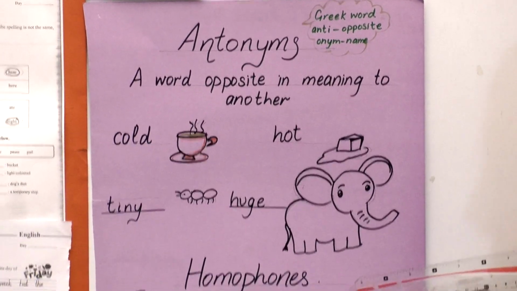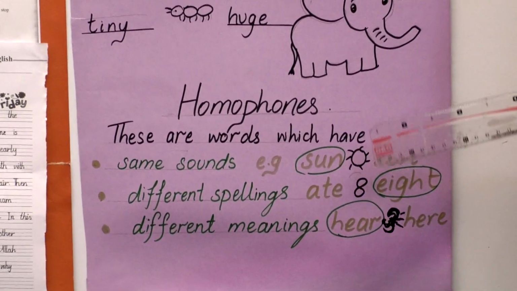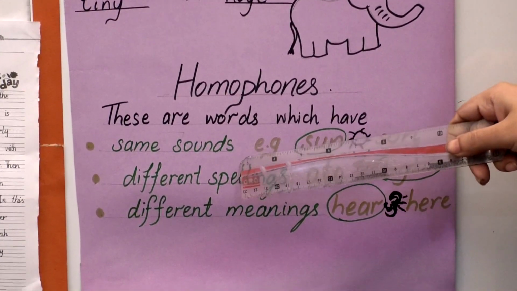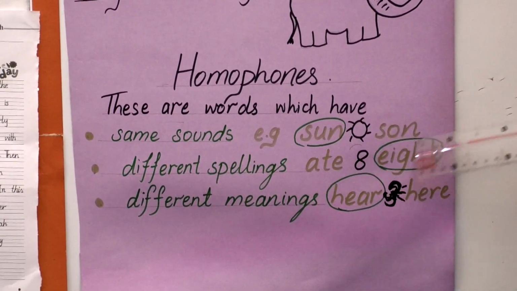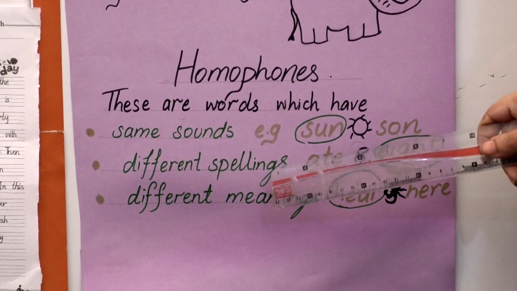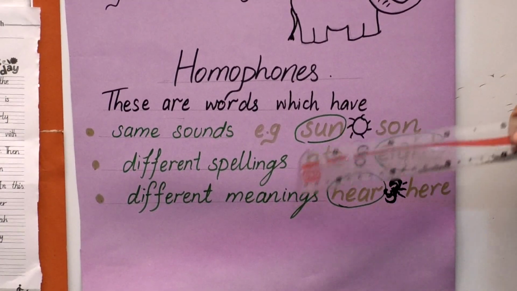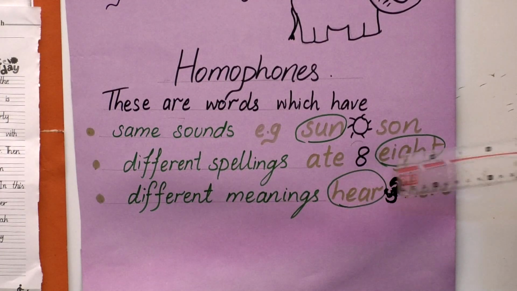Now, homophones. Homophones are words which have the same sounds. For example, sun, son. Both have the same sounds, but their spellings are different. Eight, ate. A-T-E and E-I-G-H-T.